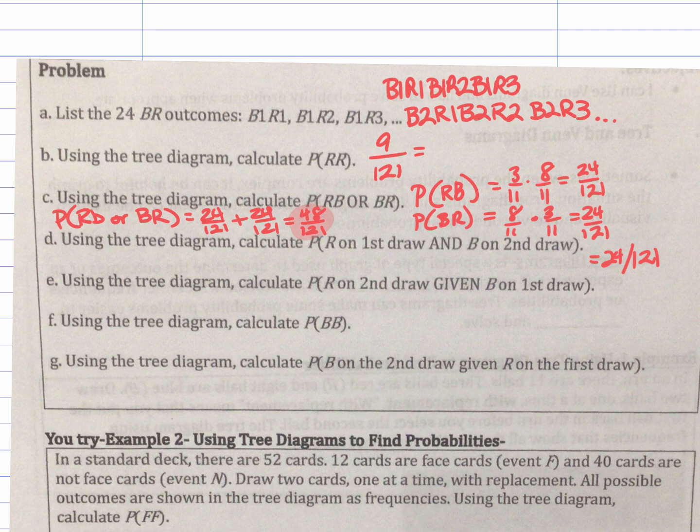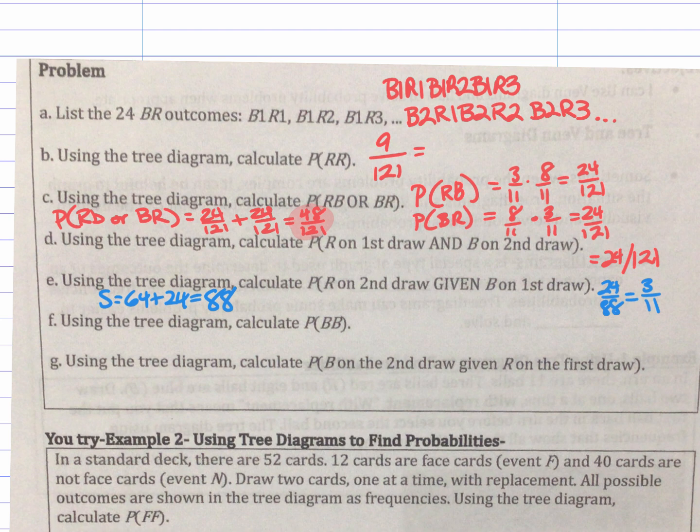So our new sample space is going to be 64 plus 24, or 88. And then R on the second draw, given that B was on the first, have R second. So this would be 24 out of 88, or 3 out of 11.